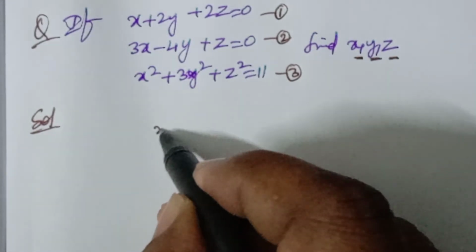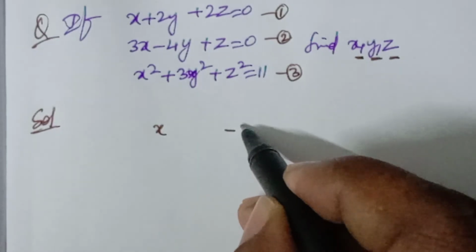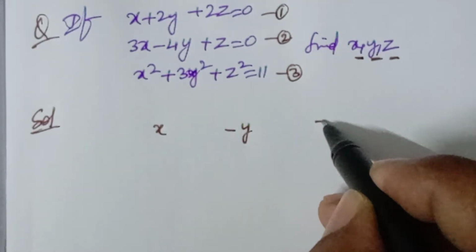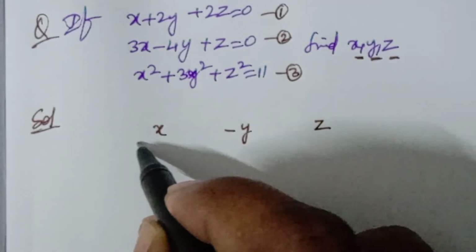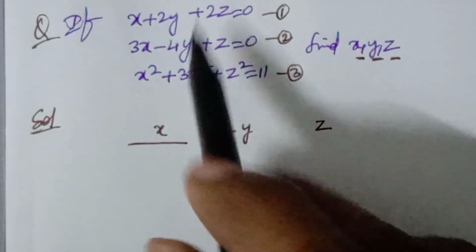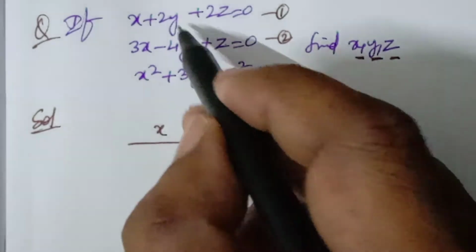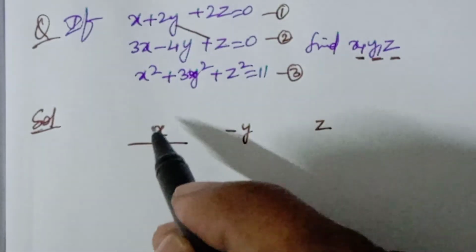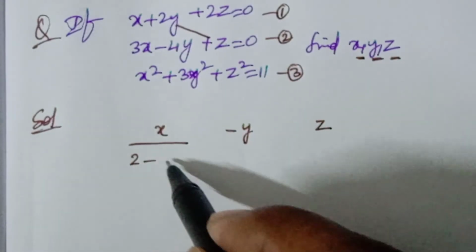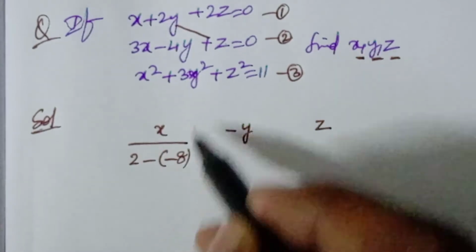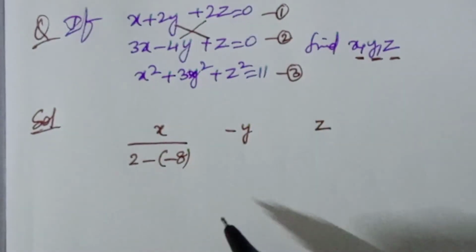So here x, minus y, z. First what will we write? 2 2s are 2, 2 1s are 2. So this one you multiply: 2 1s are 2, minus of minus 8, 4 2s are 8.